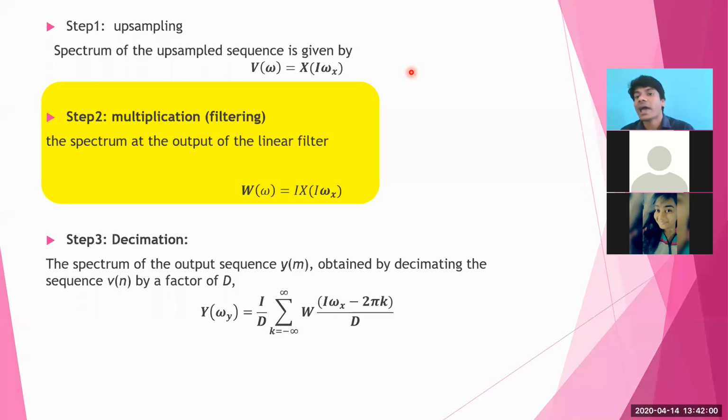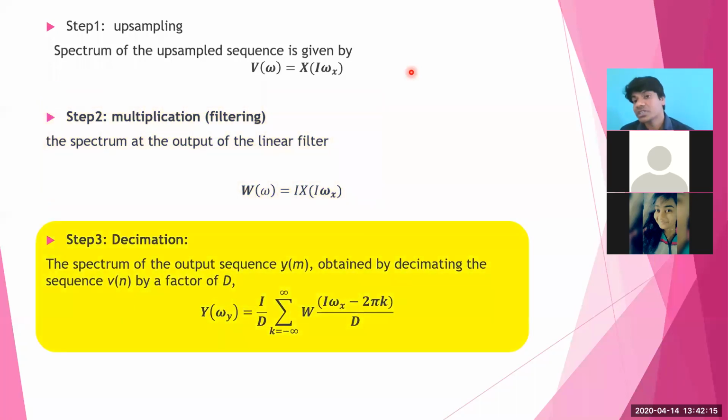The filter has only the amplitude or the magnitude of I. That magnitude is multiplied with the incoming sequence from the upsampler, that is V of omega. In the last step, we have seen decimation. We have seen that for decimation, in the frequency domain, it gets scaled, it gets shifted, and it gets stretched.